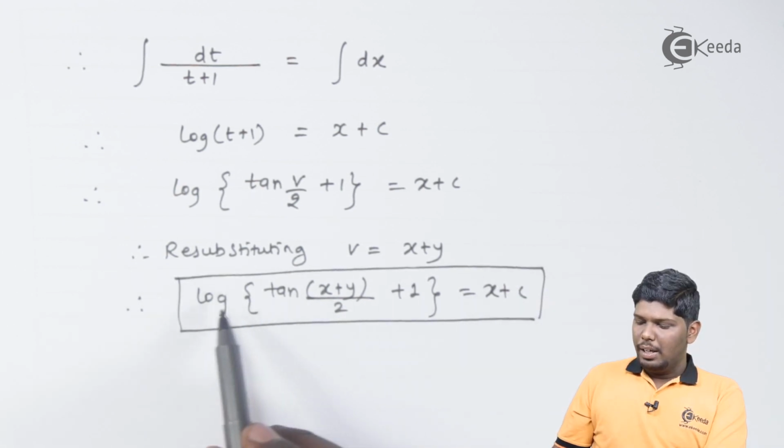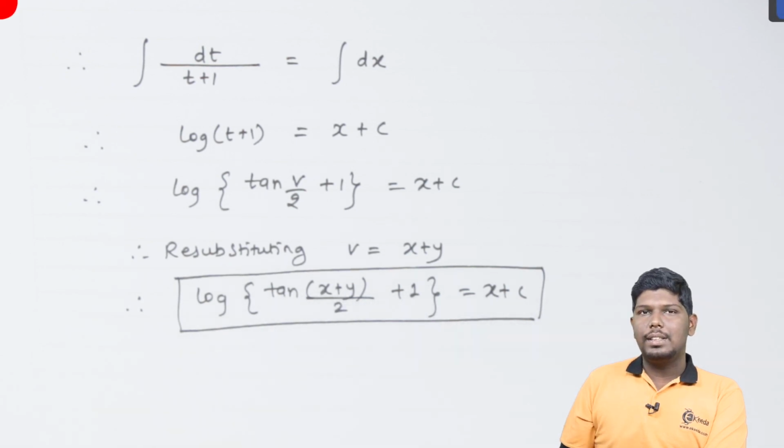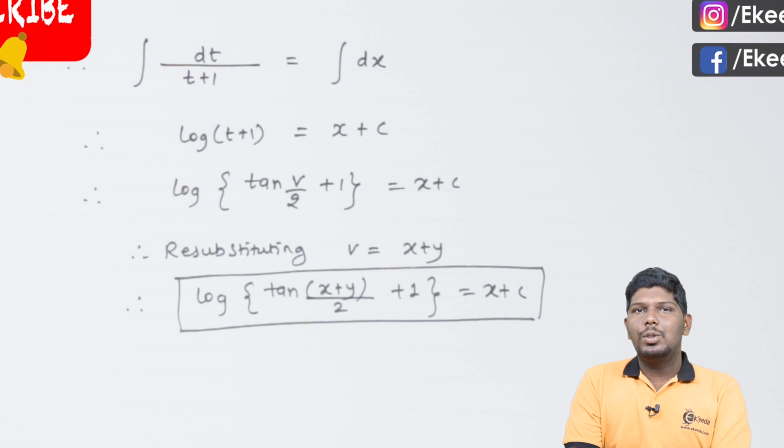Our final answer will be log of tan of x plus y upon 2, plus 1, is equal to x plus c. I hope friends you have understood this problem.